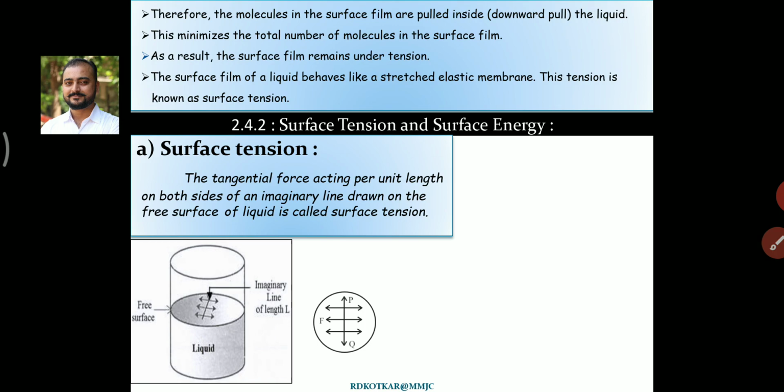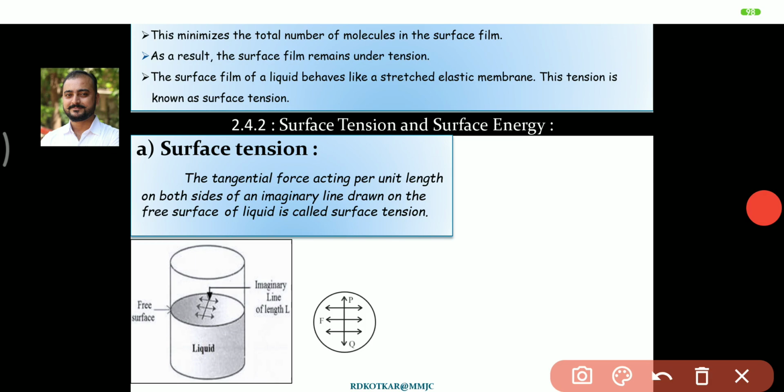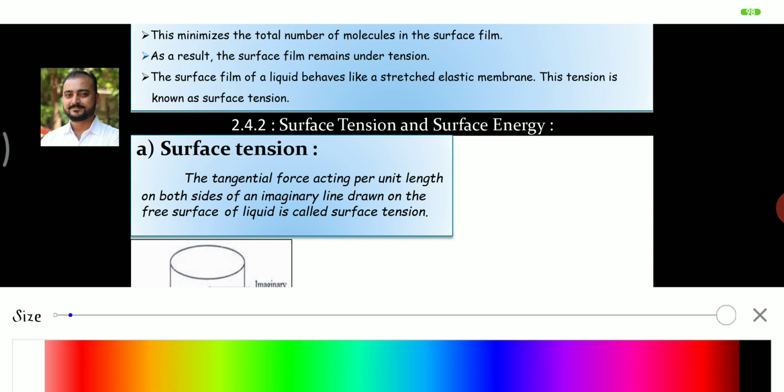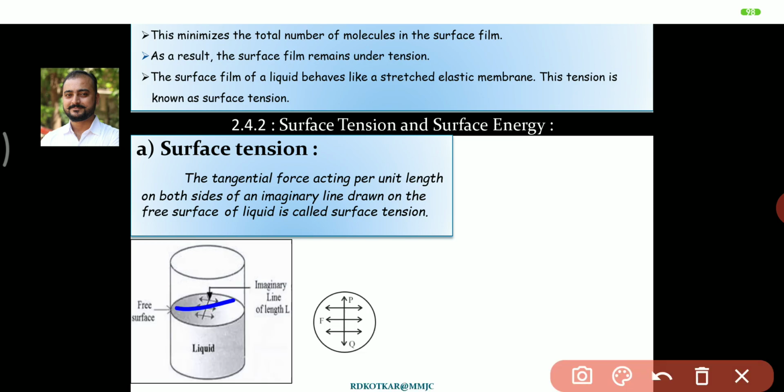The tangential force acting per unit length on both sides of an imaginary line drawn on the free surface of a liquid. Okay, let us consider the imaginary line drawn on the free surface of the liquid, say like this, and here the force acts.